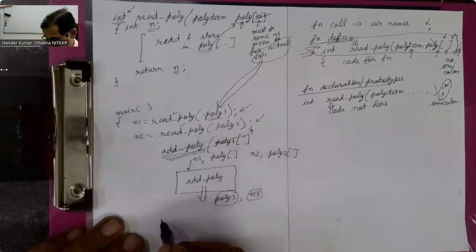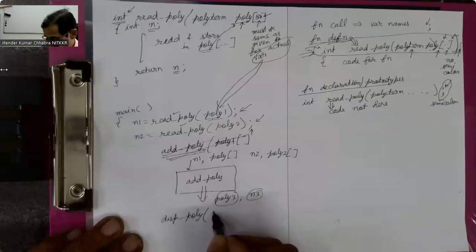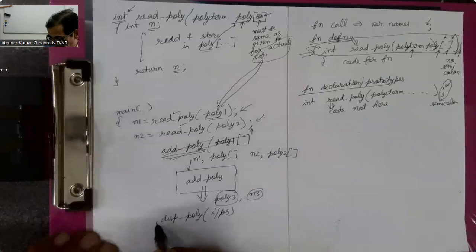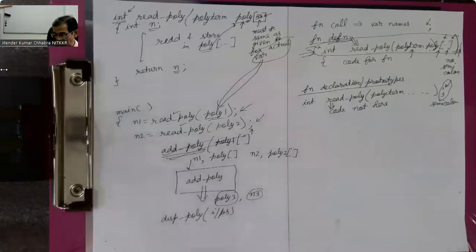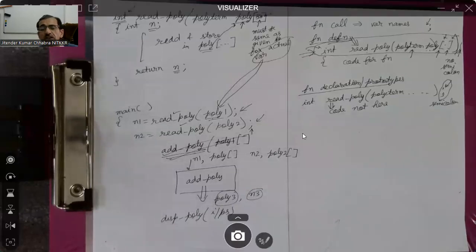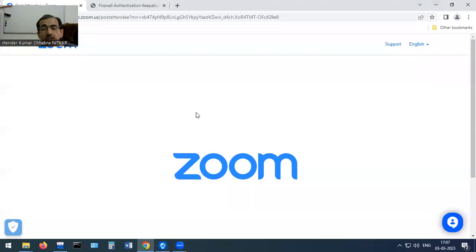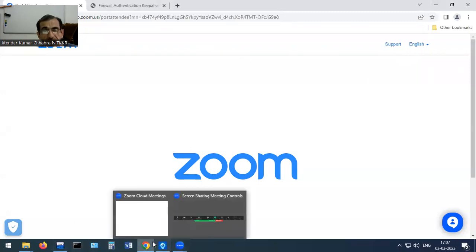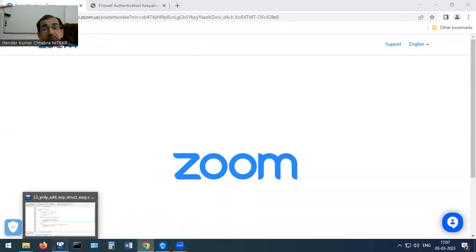And similarly, I can think of having a display poly. Display poly will require only inputs, and output is directly displayed on the screen. So no output parameters will be needed for the display poly. Having said that, let's see a similar solution, which I'm going to show you through DevCpp, and a better code I'll demonstrate to you.